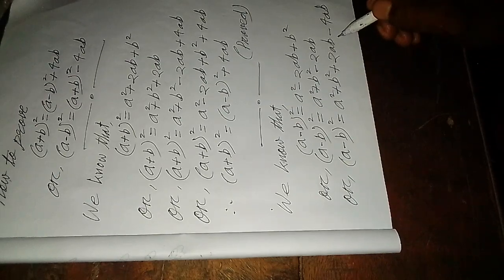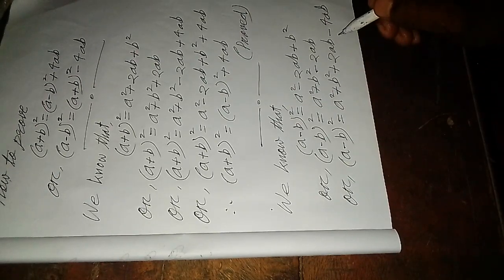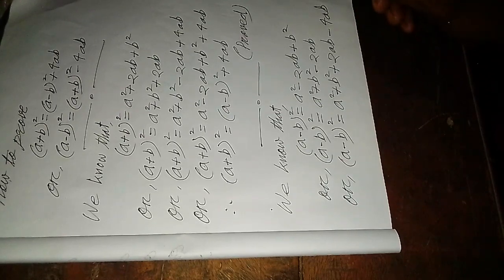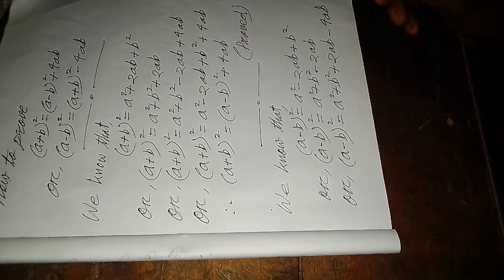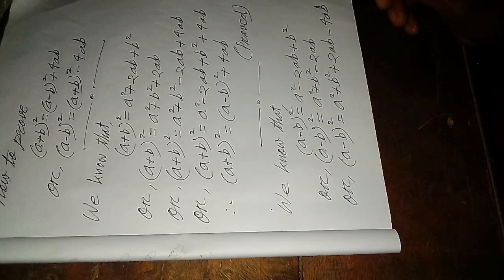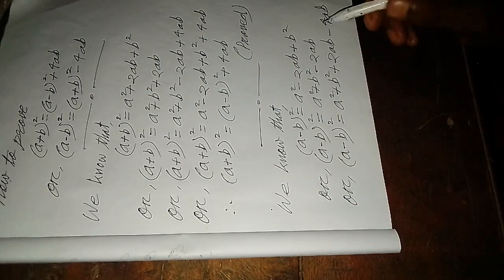When we do 2ab plus with minus 4ab, we will get result minus 2ab. I hope you understand.